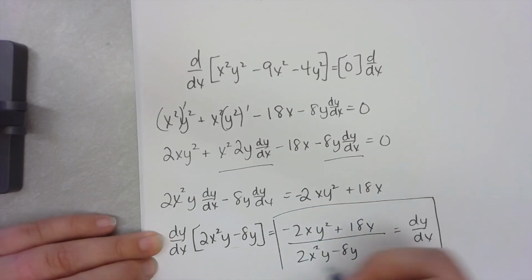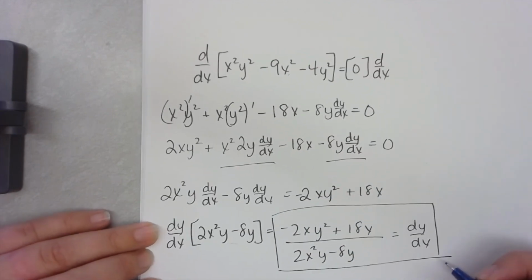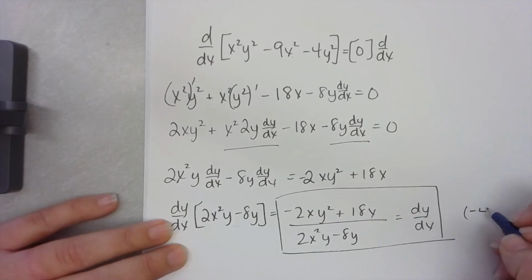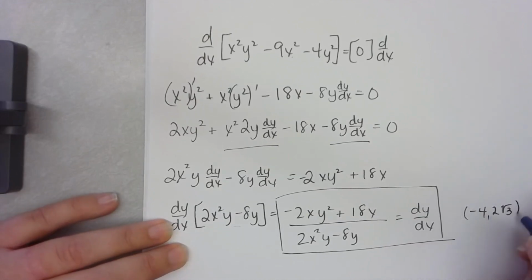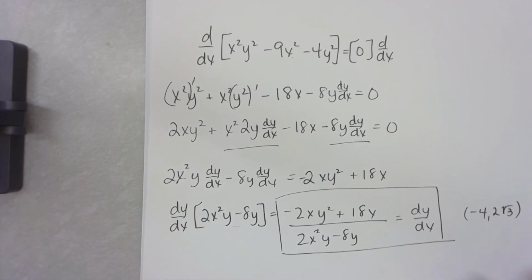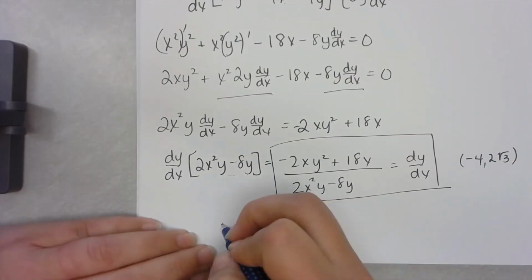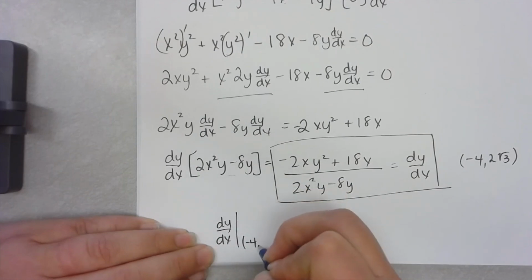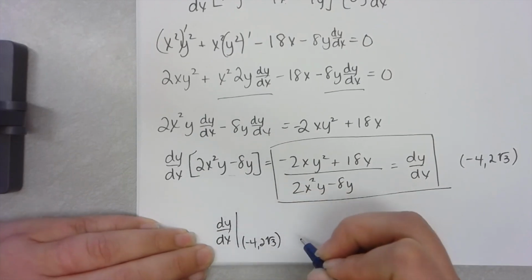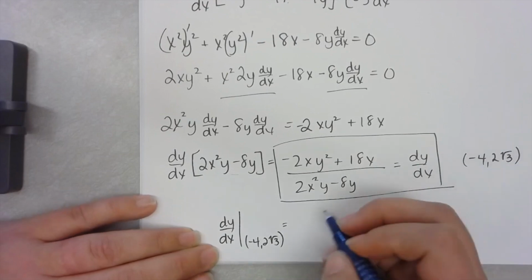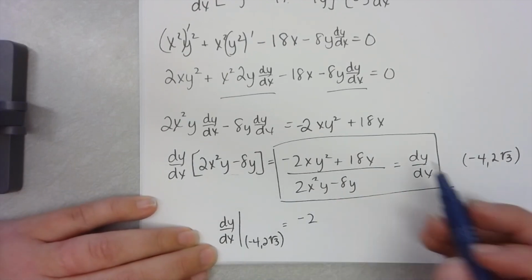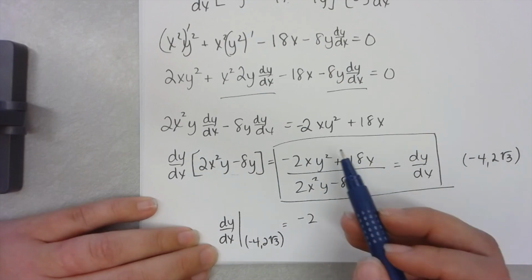All right, now I want to evaluate this at the point (-4, 2 radical 3). So I'm going to write dy/dx at (-4, 2 radical 3) is equal to negative 2. Sometimes I really have to talk to myself here about which one I'm putting in the right one.